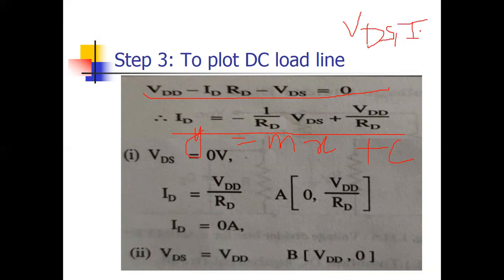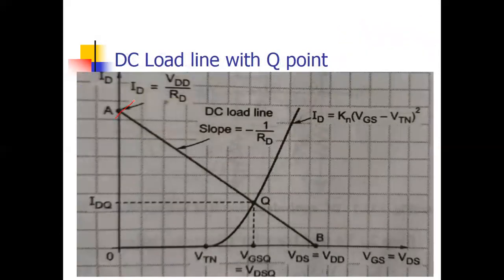For getting the load line points, we have to put X equals 0 and then Y equals 0. X equals 0 means you put VDS equal to 0. If VDS is 0, the equation gives ID equals VDD upon RD. If Y equals 0, meaning ID is 0, then VDS equals VDD. When we join these two points, we get the load line.